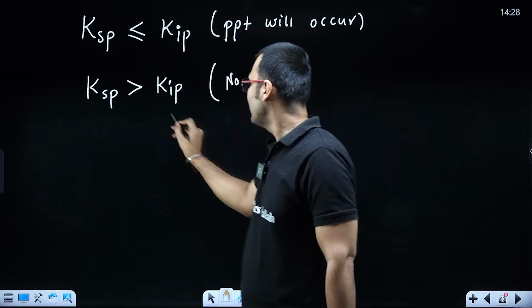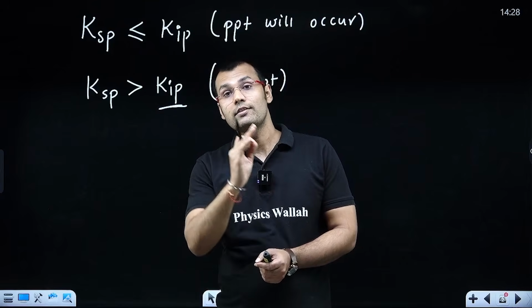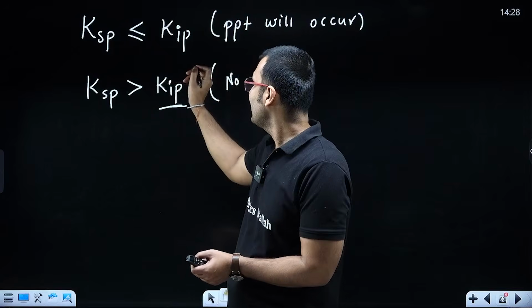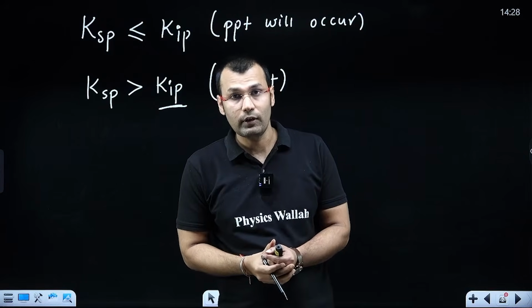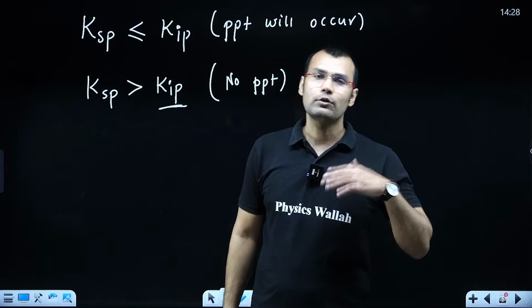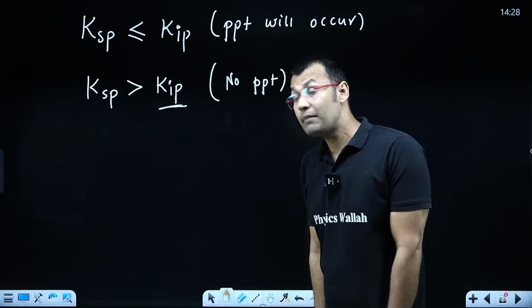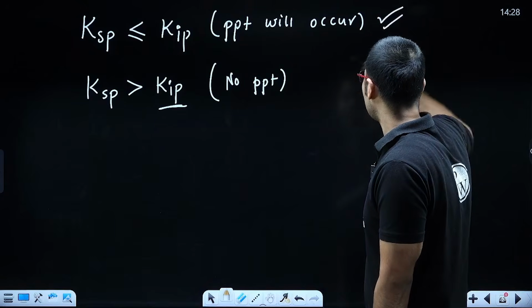Why? Because when your calculated KIP is less than KSP, your solution is unsaturated. When KIP is equal to KSP, it is saturated, and when KIP is greater than KSP, it is supersaturated. So we can expect precipitation only in a saturated or supersaturated solution. Sometimes they ask these types of problems on precipitation.